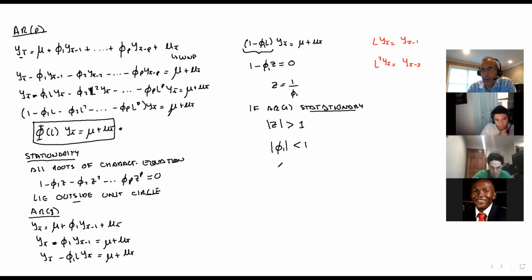Now, guys, remember in the example I gave you in the video, hopefully you have watched the video, I gave you 3 examples. If psi is larger than 1, this is an explosive system. Do you agree? Once you move this from the mean, it goes up, up, up, or down, down, down infinitely. So there is no solution. There is no equilibrium when you have an explosive system, non-stationarity.